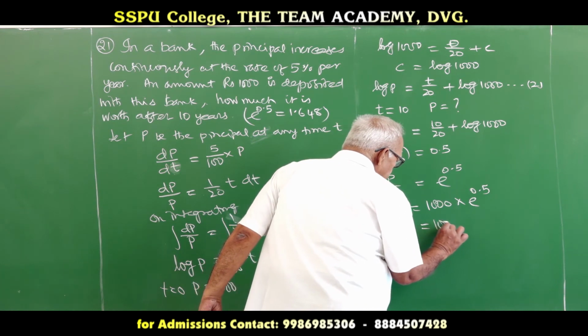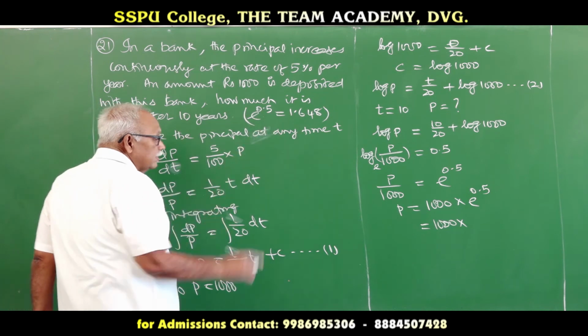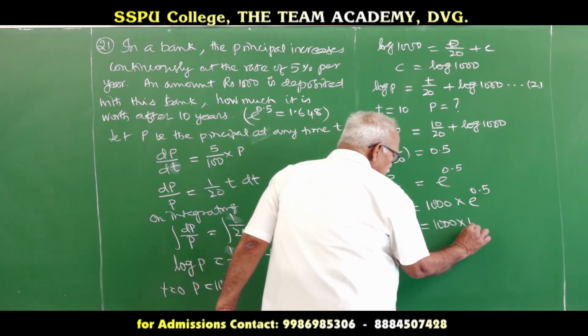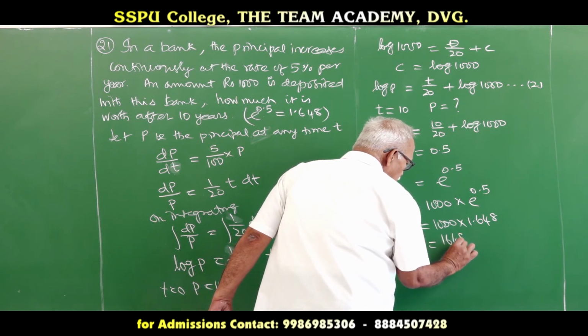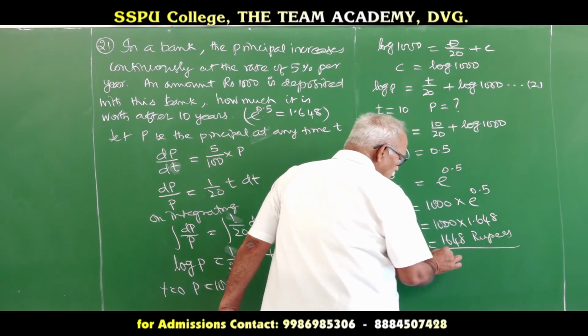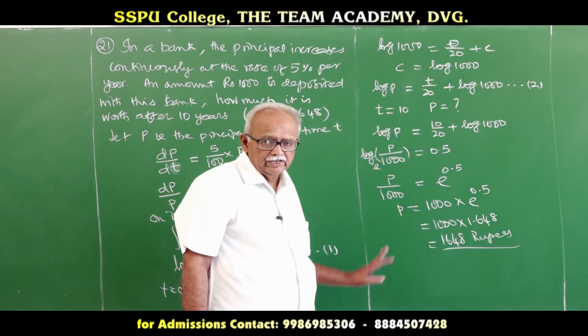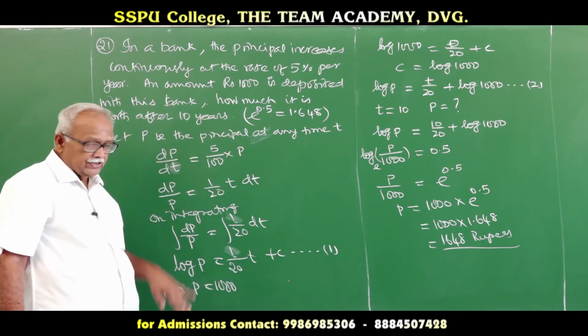They have given the value of e to the power of 0.5, so use that value. So what is this amount? The amount becomes 1648 rupees after 10 years if the bank is giving interest at 5%.